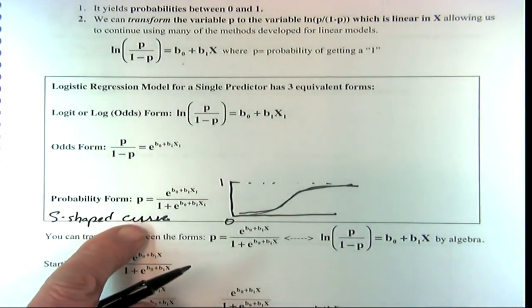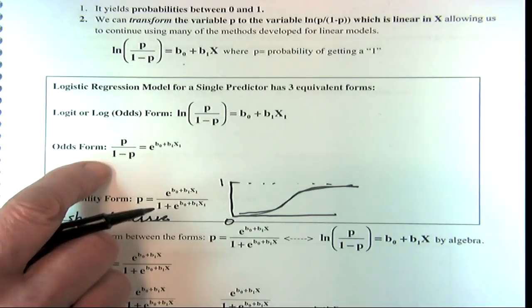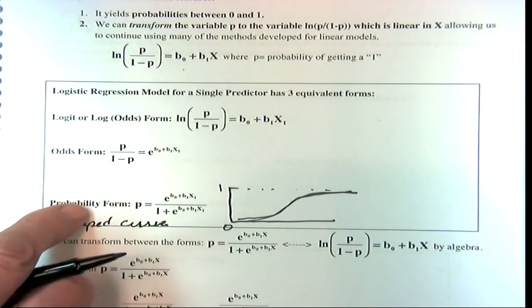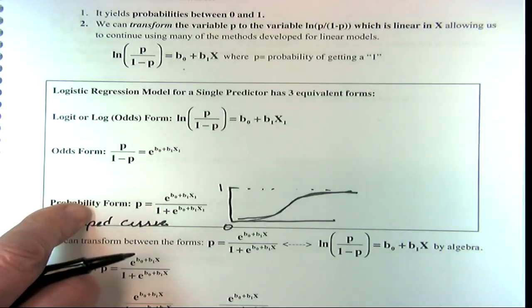Then we look at this odds form, which is P over 1 minus P. Many of you who gamble are familiar with odds, right? So you can change a probability into an odds form. Like you could say you have 2-to-1 odds. If it's a 50-50 chance, you'd have 1-to-1 odds.